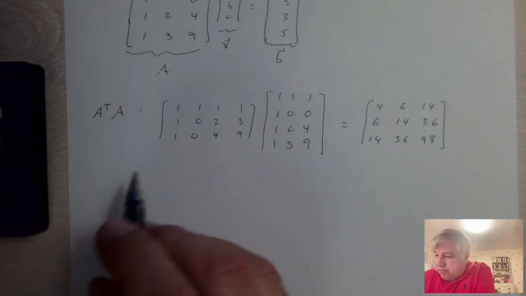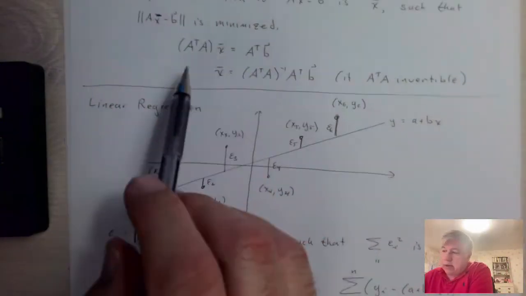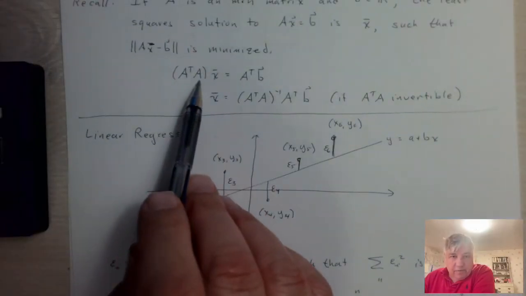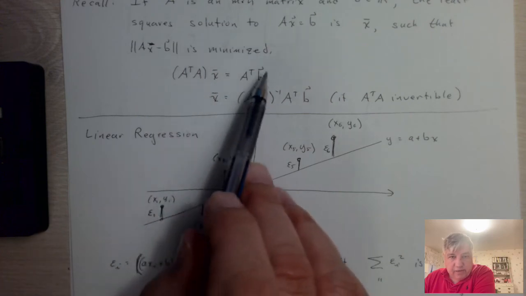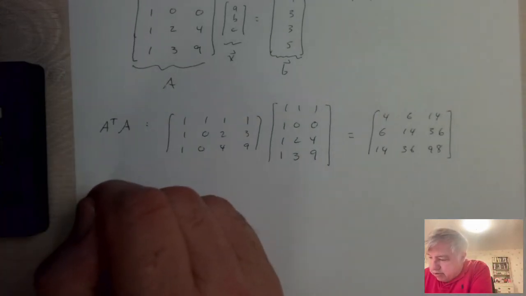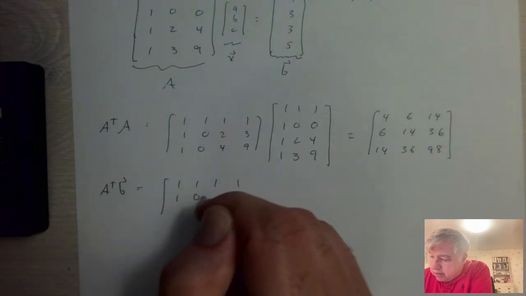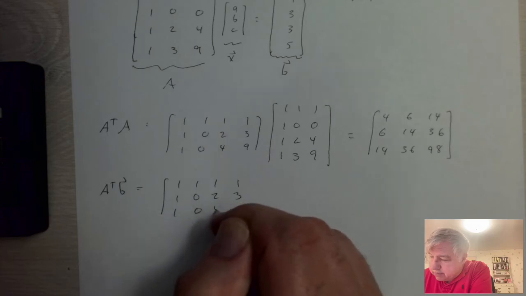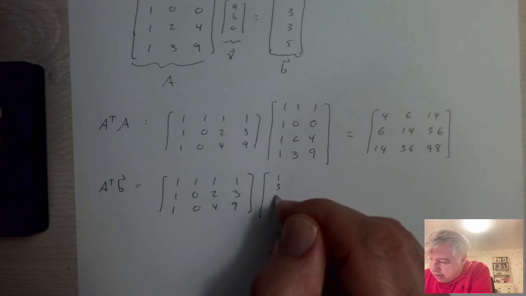Let's compute the other, if we recall, we just found this matrix. We can compute this matrix, and now we'll just have a single matrix times X to equal a single column vector. And maybe that might be nicer. So A transpose B would be this matrix times 1, 3, 3, 5.